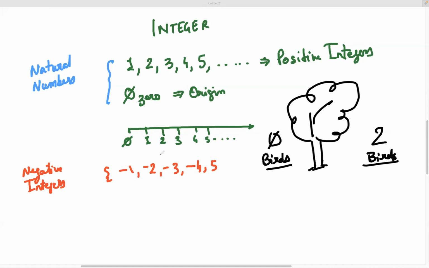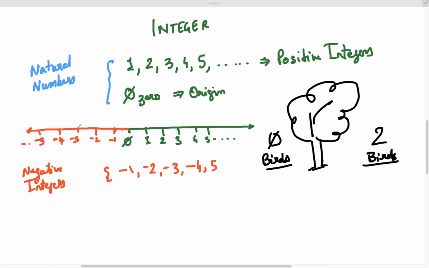Together, all these numbers, we can visualize them on the number line. The line that we drew earlier, we can extend it on the left-hand side, and below 0, that is towards the left-hand side, these would be -1, -2, -3, -4, -5, and so on.